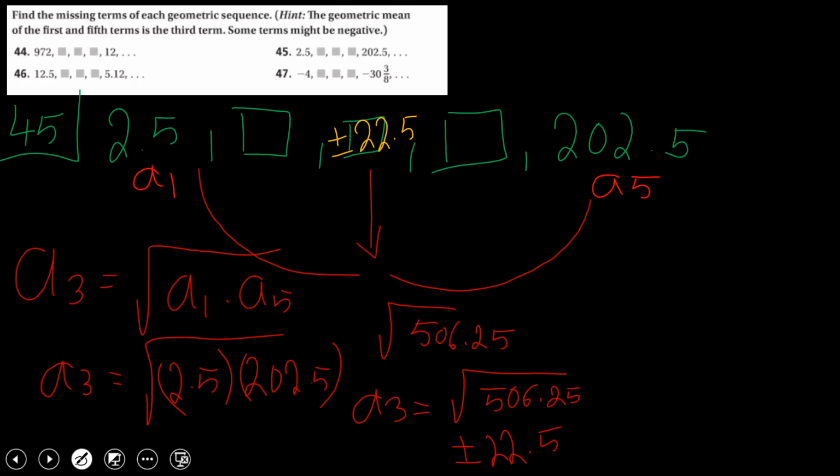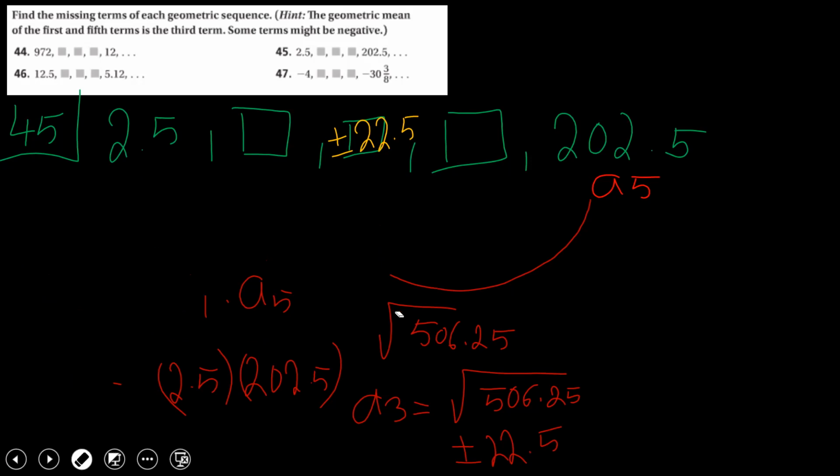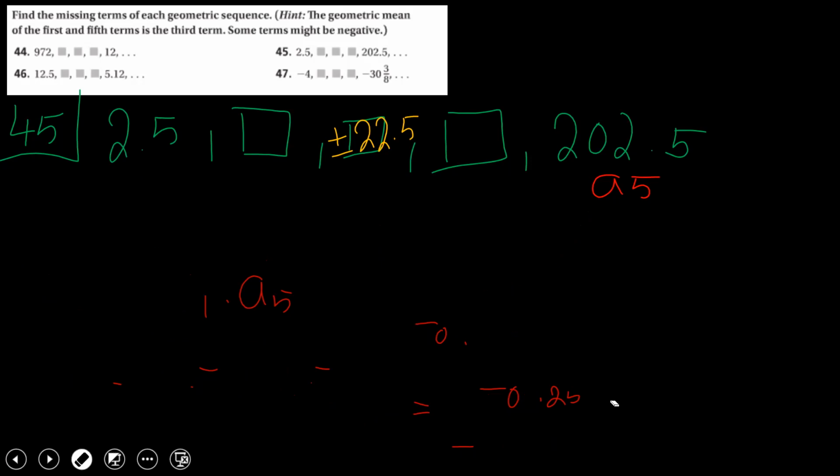Now what about A sub 2? Now it will be very easy. Why? Because if I have A sub 1 and A sub 3, I can find A sub 2 by also using the geometric mean.